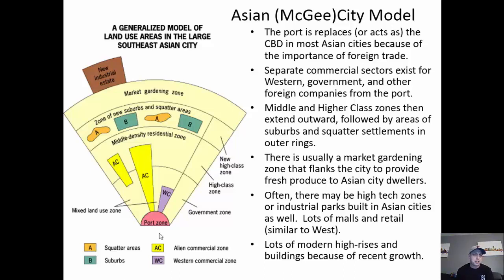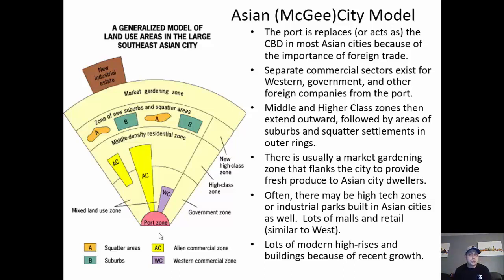You're going to have a port. It's going to result in a fan-shaped city setup. And once again, you're going to have various commercial zones, a Western zone, a government zone, and oftentimes you will have a foreign company zone or an alien commercial zone as well for businesses that are not located in your country.